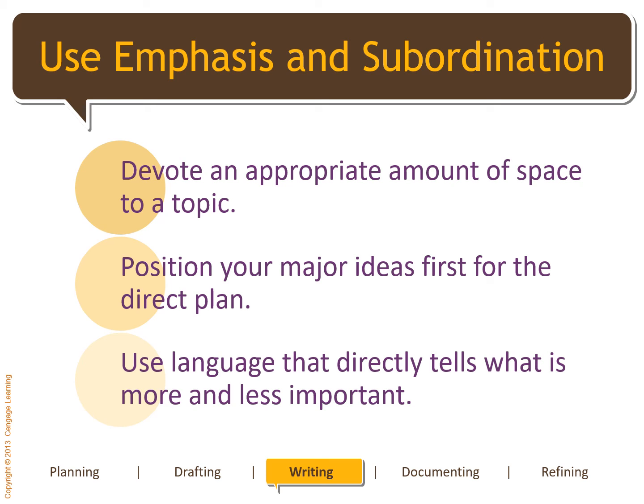In this case, you need to organize your ideas with the most important ones first, because this is where our attention is at its highest. And then finally, you use language that directly tells what is more and less important.